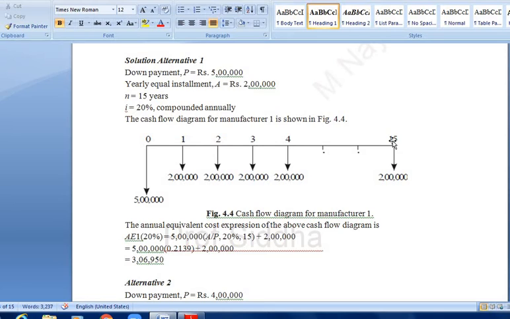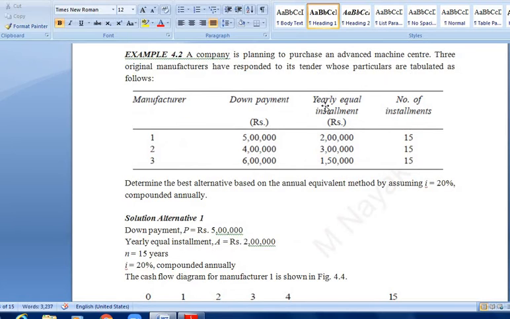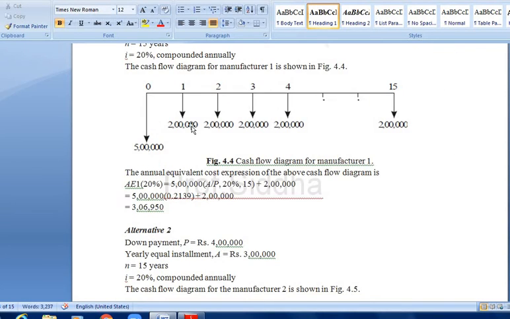If it is a combination of both, then take revenues as positive and costs as negative. Initial investment, that is down payment, is 5 lakh, and every year 2 lakh will again be a cost, that is the yearly equal installment. So 2 lakh is the installment every year till 15 years.